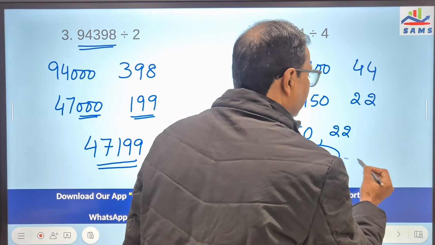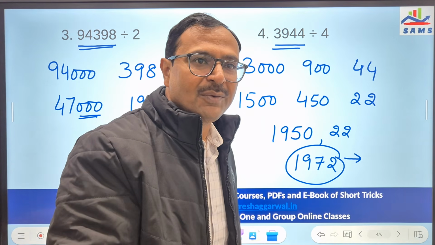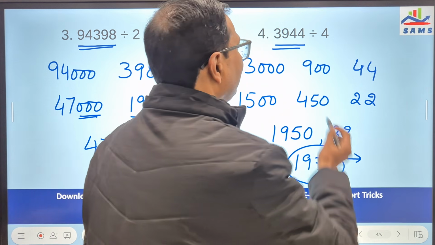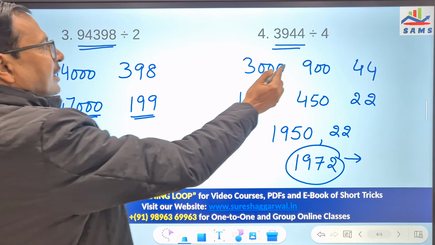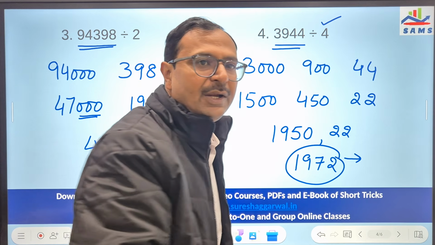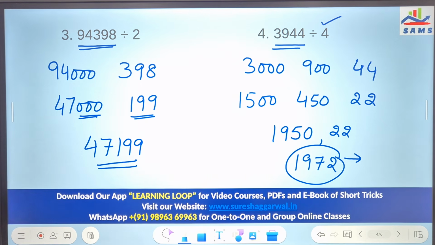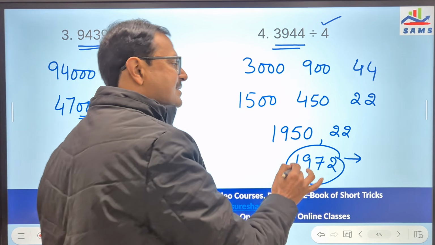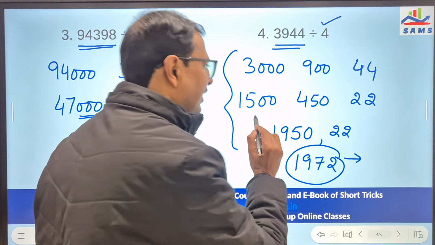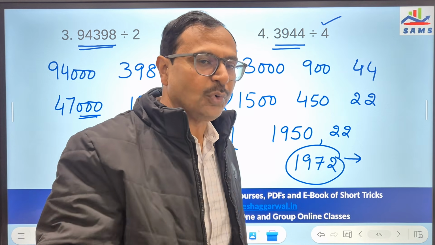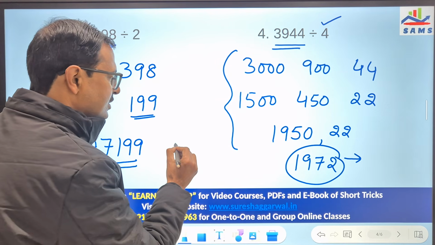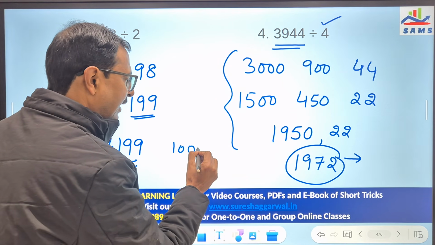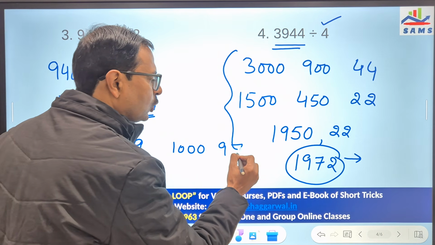And now you have to take the half of this number again. Why? Because you have to do this number divided by 4 and not by 2. Now the half of 1972 you can do in a similar manner, just like I have done half of 3944. So 1000 and then 972 I can do together also.